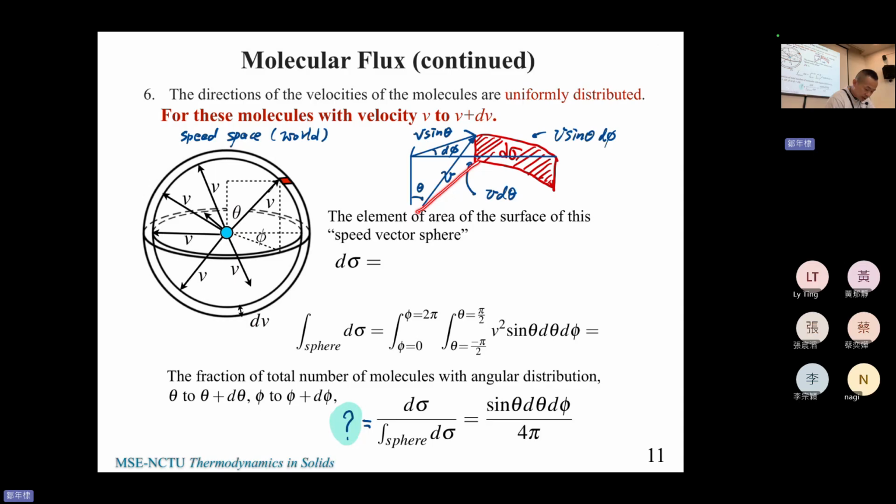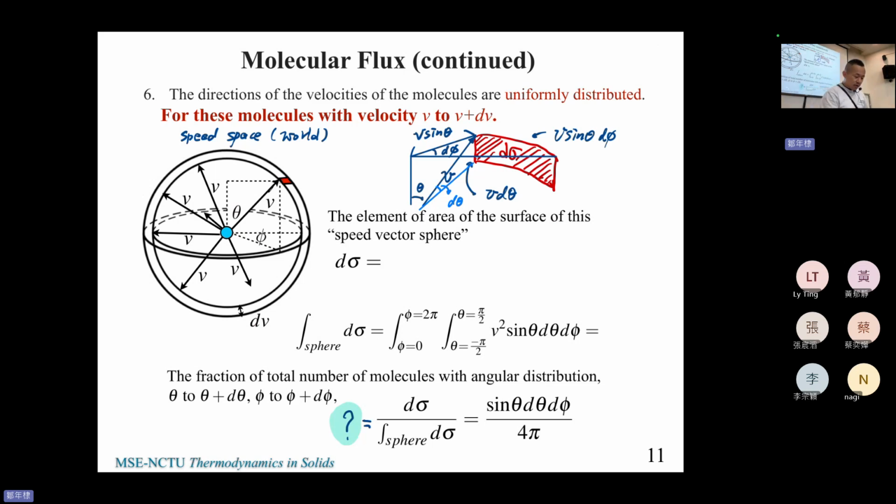So here the opening angle is d theta, right? All right. So that's how we obtain the height of d sigma.